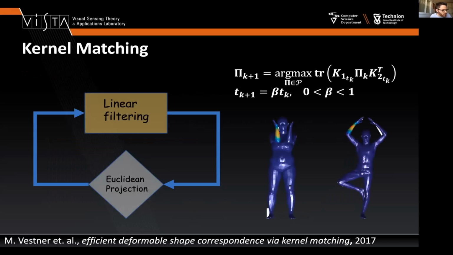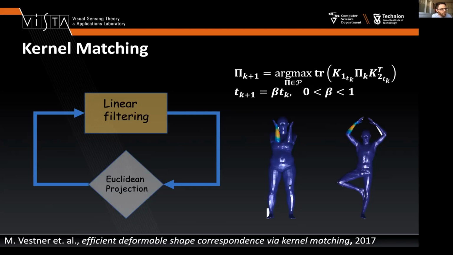Another method to solve this graph isomorphism problem approximately that utilizes some notion of smoothness is this kernel matching framework. Alex showed it in the previous slide in more detail. Just go over it again. You have these two manifolds or two graphs, and you have some initial correspondence, and it can be noisy, it can be partial.